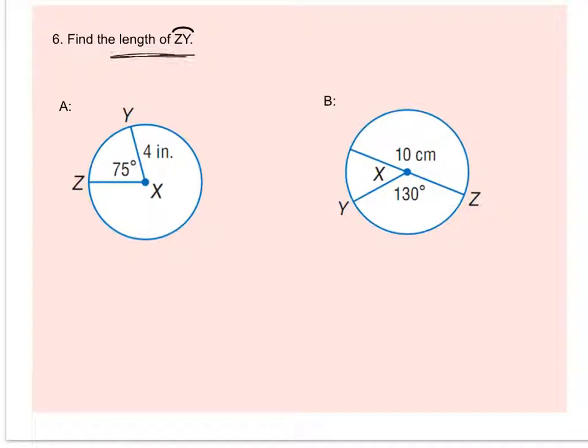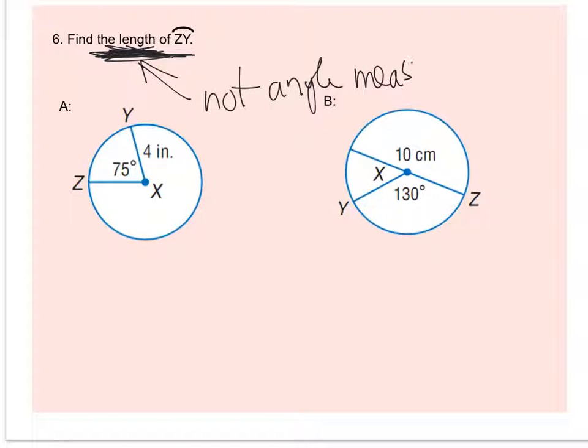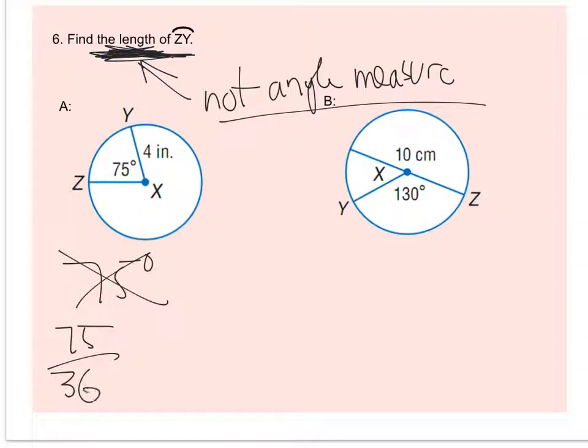So if I figure out the length, and notice it says length. It doesn't say measure. Don't give me an angle measure when it says length. So if you give me 75 degrees, that's wrong. You have to take 75 over 360 times 2 times pi times 4.